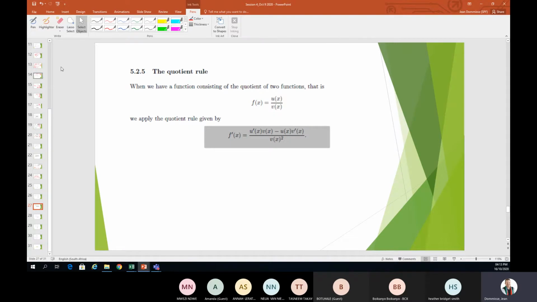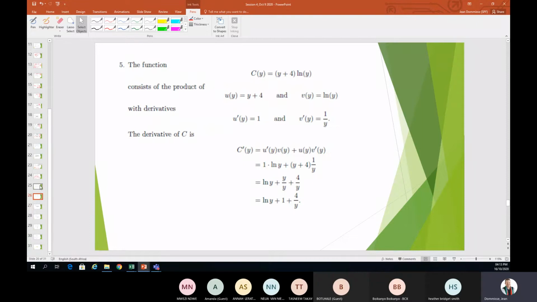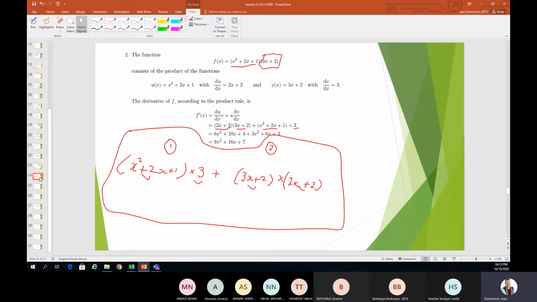Otherwise, you will get a different answer. Okay, but before we get to that, are you guys nearly happy with the check-in on the chain and the product rule? It was very quick that we went through that, but I just want to make sure. Okay, cool.